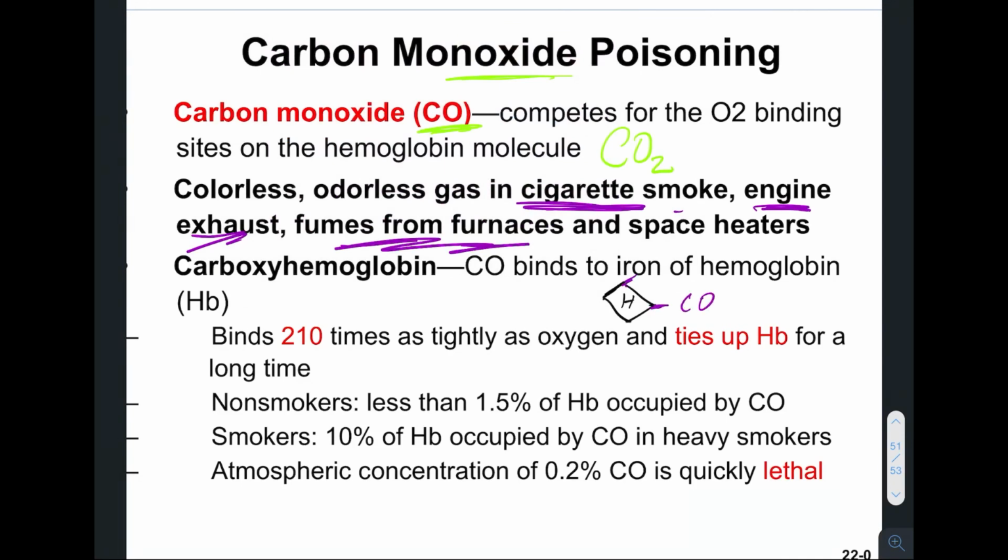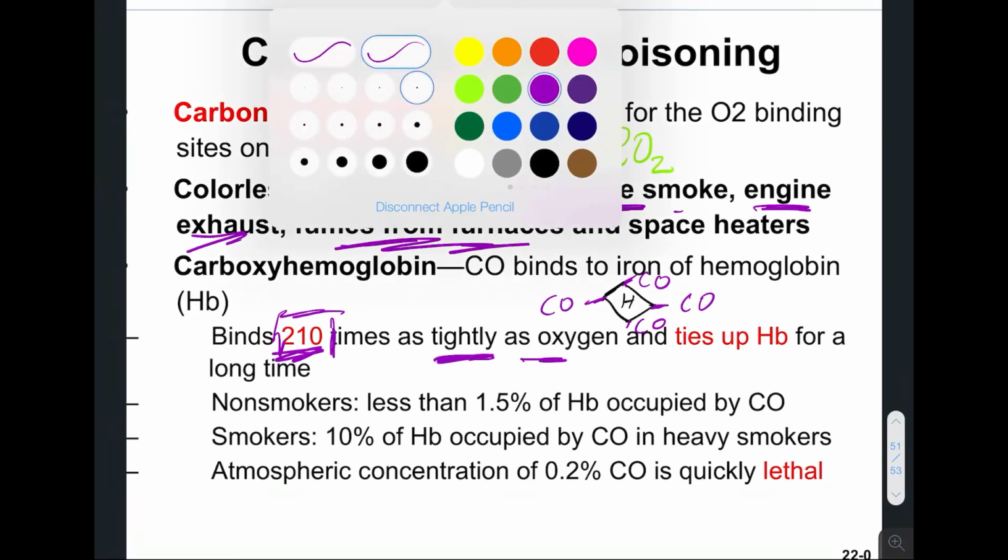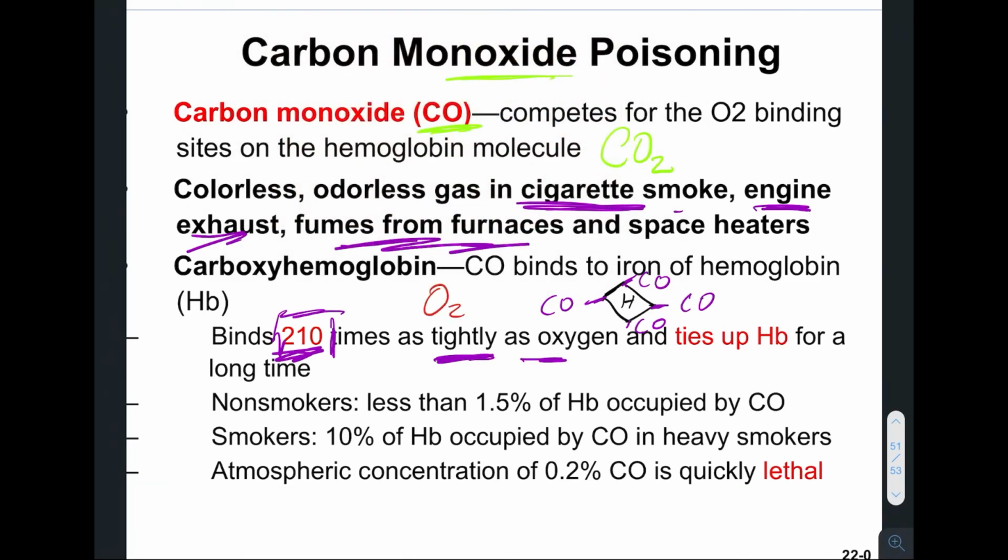Now it attaches to the hemoglobin, and it basically attaches much more strongly than oxygen. So notice it binds 210 times more tightly than oxygen does, and so oxygen doesn't really have a chance. So when oxygen is going to try to bind to it, it can't, because all of the sites are taken up by carbon monoxide.